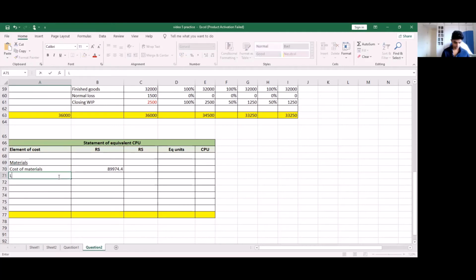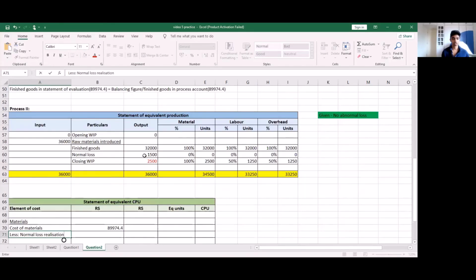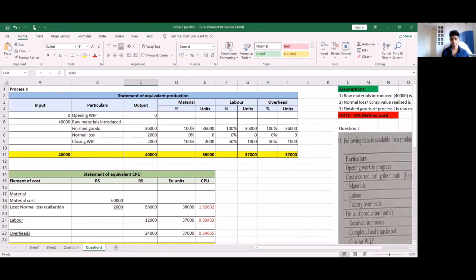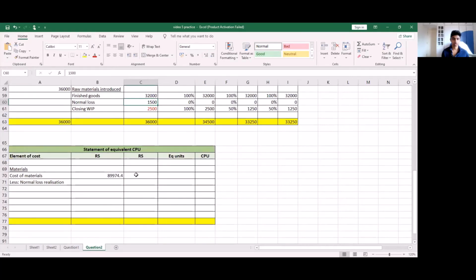From this, we will subtract our normal loss realization. For normal loss realization, we have number of units as 1,500, and we have assumed that scrap value realized is 1 rupee per unit. So our normal loss realization will be 1,500 into 1, which is 1,500.